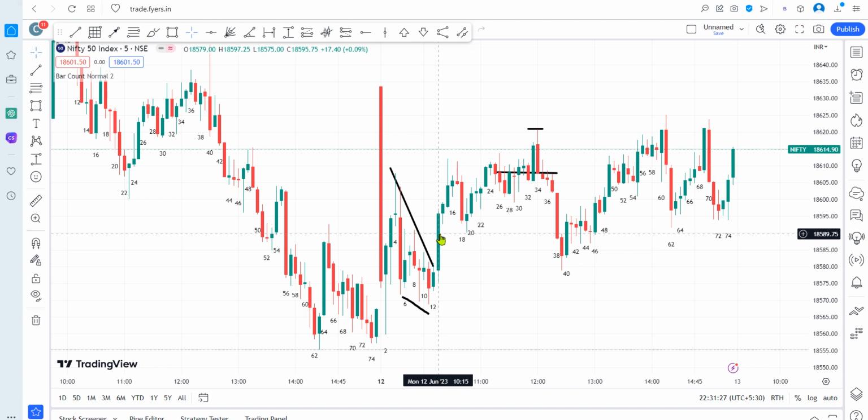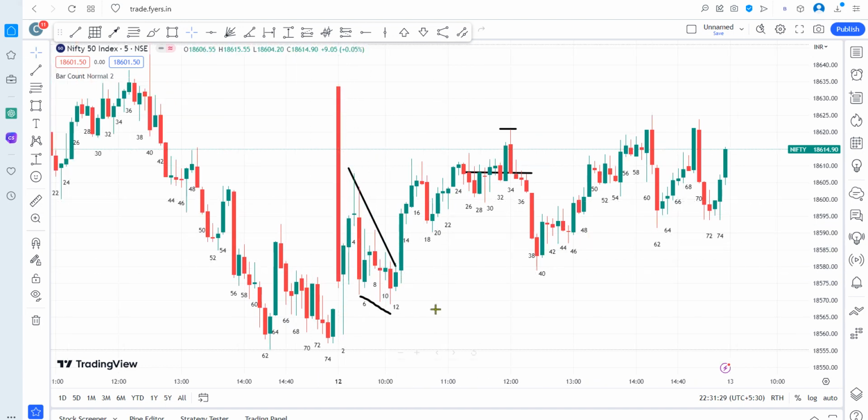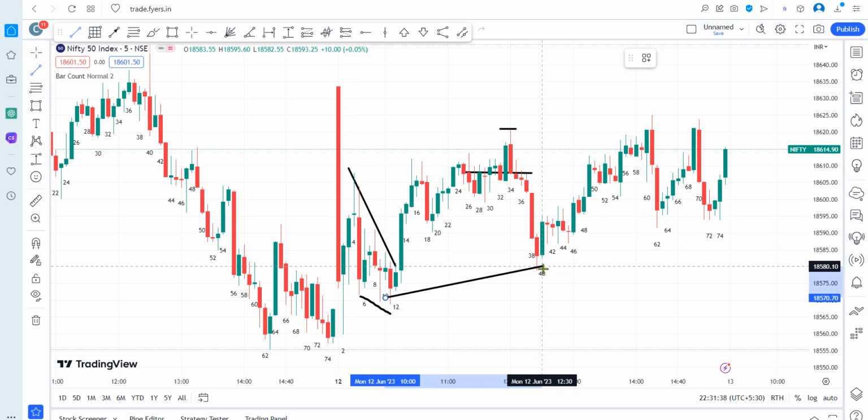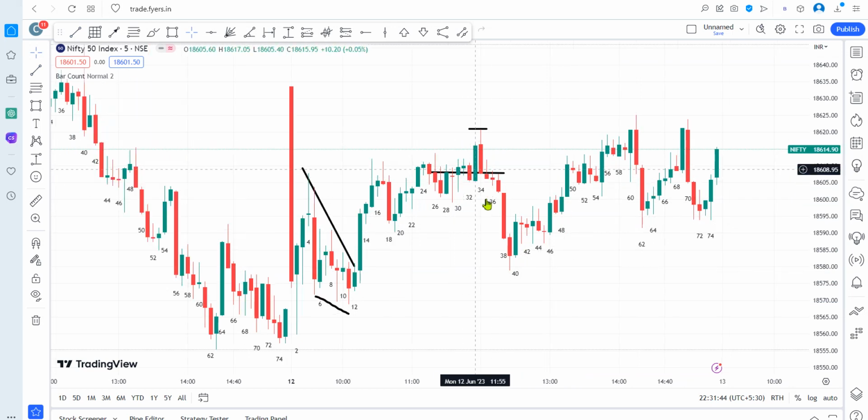At the midpoint of the day, let's say you trade well. This is probably the first move we can consider, the first leg. Now there is a pullback, so chances of a second leg are very high. After the 40th candle, let's say sellers have sold here and they all exited on the 40th candle. Why?